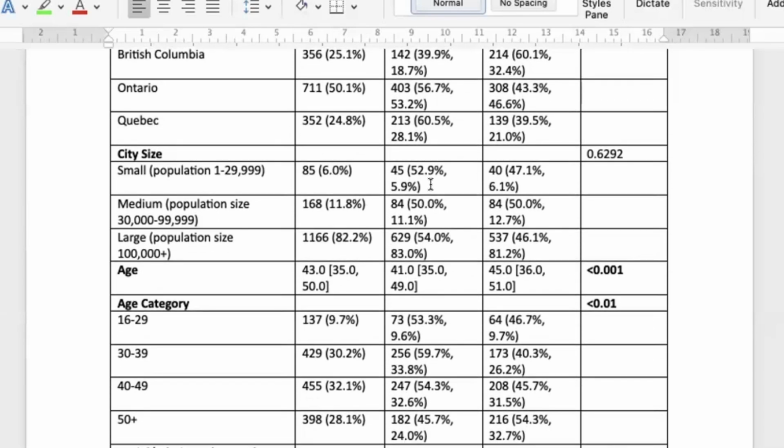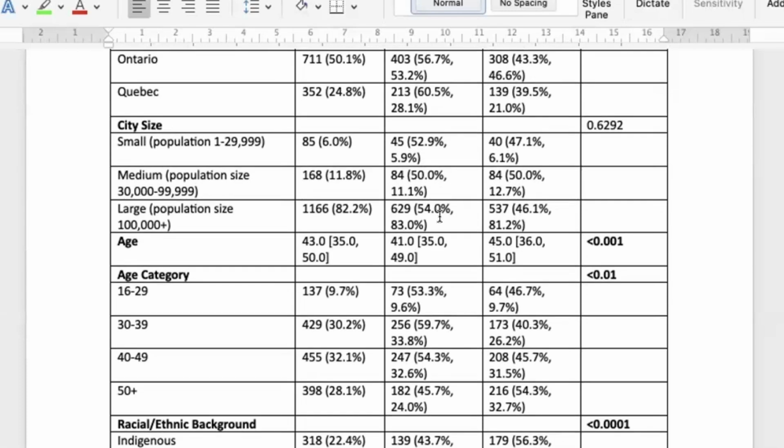I thought this was interesting. Small city, 52%, medium city, 50%, large city, 54%, with no statistical difference. I would have thought there would be a statistical difference, wouldn't you? So that's the thing, you have your hypotheses. That's why it's actually important to come up with your hypotheses before, because that's kind of surprising, right?